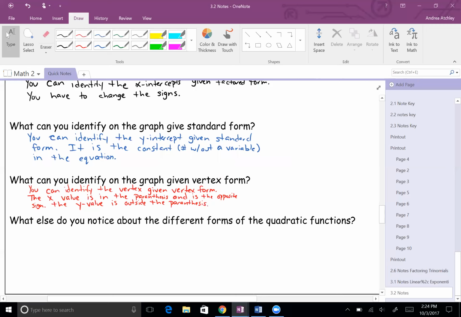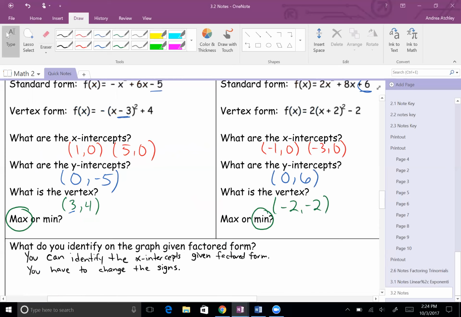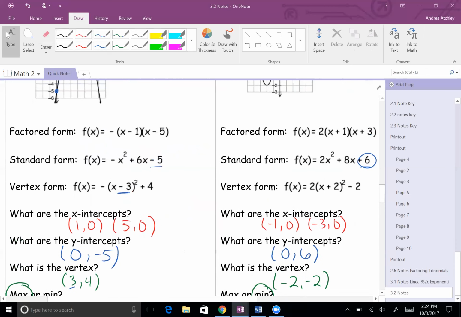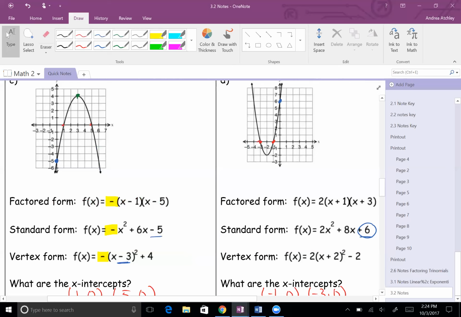Do we know how we can identify if it's going to have a maximum versus a minimum? Maximums are upside down. Yes, but looking at the equations, how can I tell from the equation that it's going to be upside down? The negative in front. Okay, if you notice, these all have negatives right in front. And that meant my parabola is going to face upside down, therefore it has a maximum value instead of a minimum value.